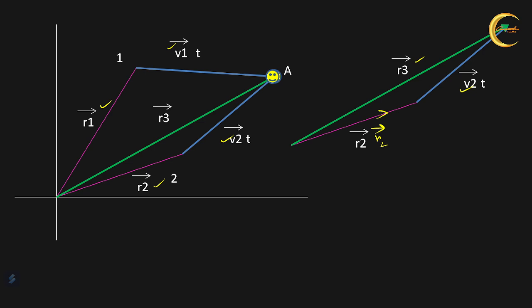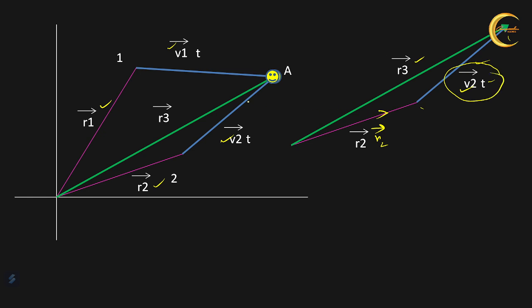V2 is the velocity, and we multiply it by the time t, so that this vector line is V2 into time t.